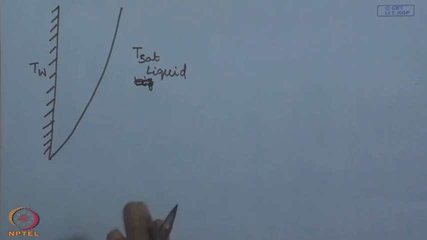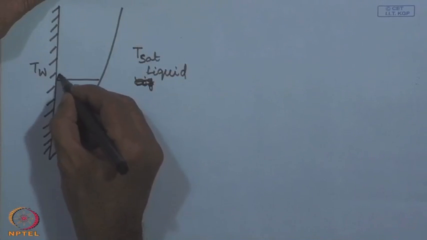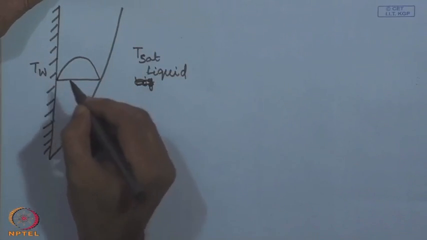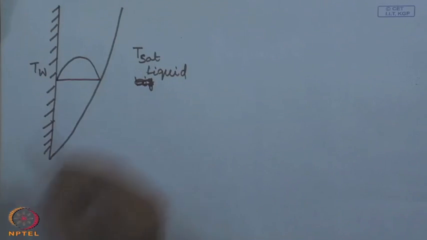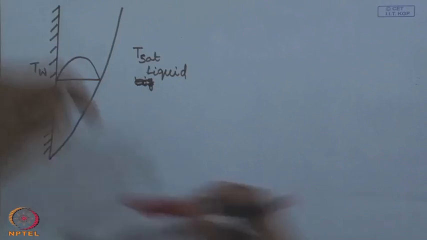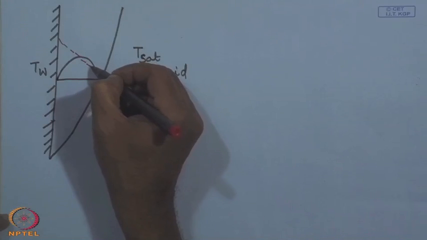Now, the liquid could be moving with some velocity or the liquid could be stationary. If the liquid is stationary, then one will have a velocity profile like this. The velocity profile is such that the velocity is 0 at the wall and the velocity is also 0 at the interface. One can also sketch the temperature profile.